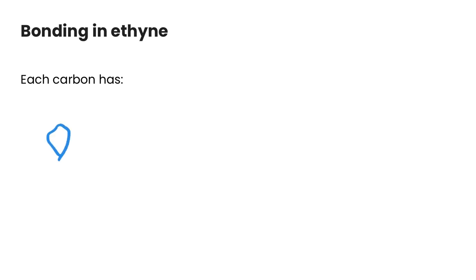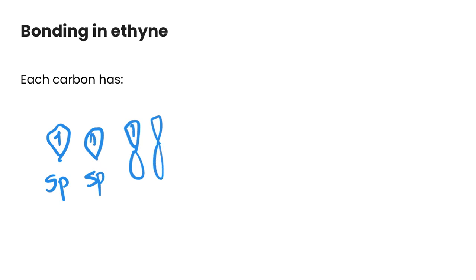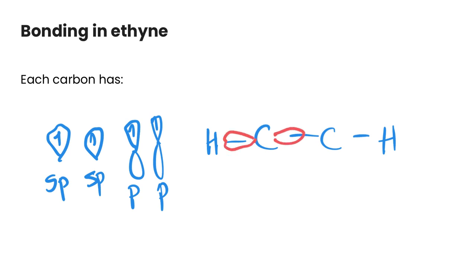Okay, so if we take a look, we've got our sp hybrid orbitals, and we've got 2 of them for each carbon. And then we've got 2 p orbitals. Okay, so those are p's. So if we go with our carbon-carbon, and let's just draw the skeleton here. Looking at sigma bonds, each carbon is going to have these sp hybrid orbitals that are overlapping end to end.